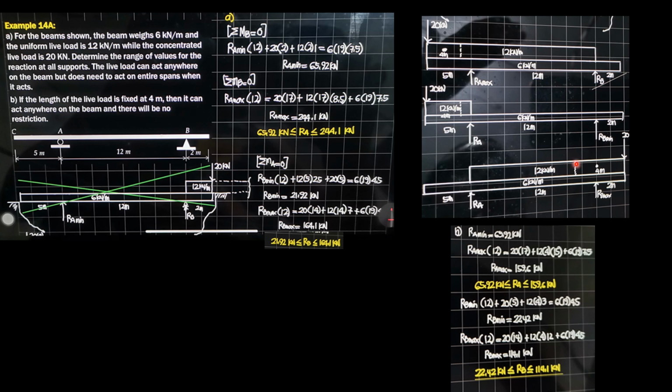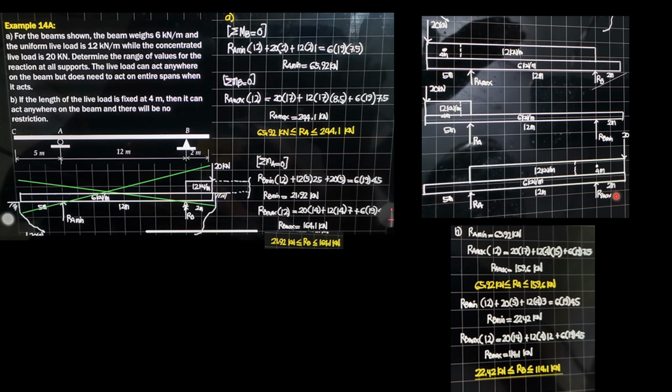So we use the entire length of the live load. This is 4 meters. But the 20 kilonewton load is still at the maximum ordinate, which is at the rightmost end. So 20 kilonewtons. So take note that the 12 kilonewton per meter load is only up to here in part B.